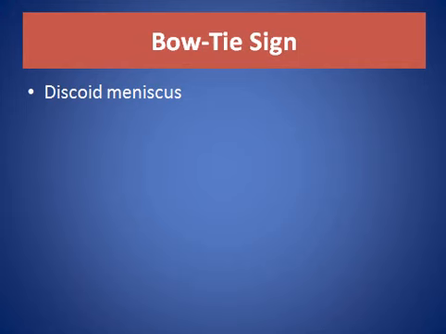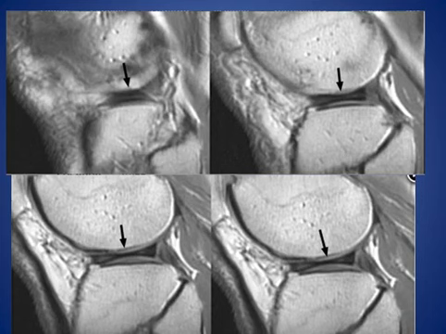The third sign, we call it bow tie sign, and this indicates the discoid meniscus. Normally, we see the bow tie appearance in two contiguous sagittal slices.